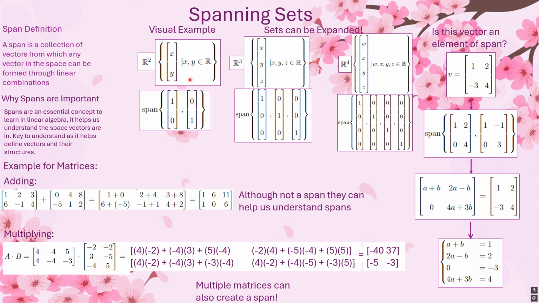These could also be expanded even further, and pretty much continuously. I've set out another example here that continues to grow much further. This goes back to the beginning of the definition, that a span is a collection of vectors within the space, and that they can be formed through linear combinations.